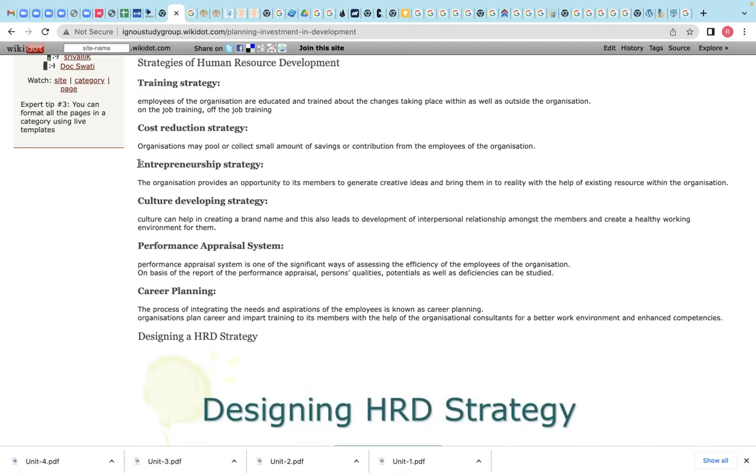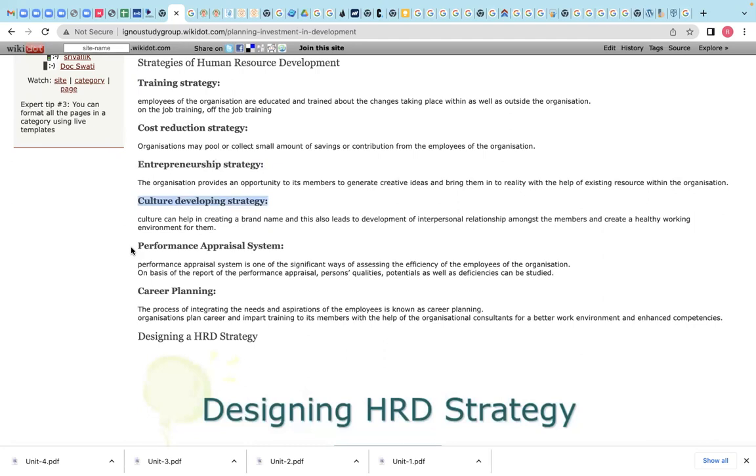Next is the entrepreneurship strategy. Here you are promoting and developing people on their creative skills. You are encouraging them to be more creative, and giving them a free hand to bring that entrepreneurial angle to your organization. Next is cultural development, the culture developing strategy.